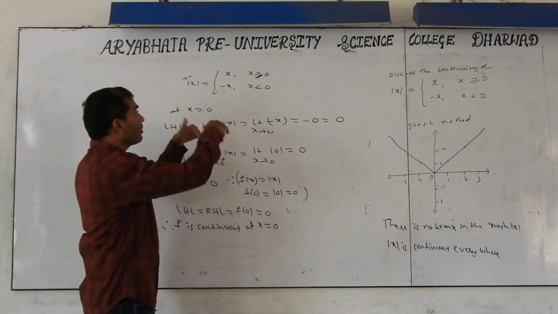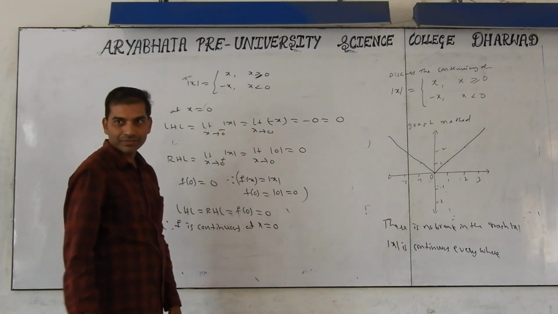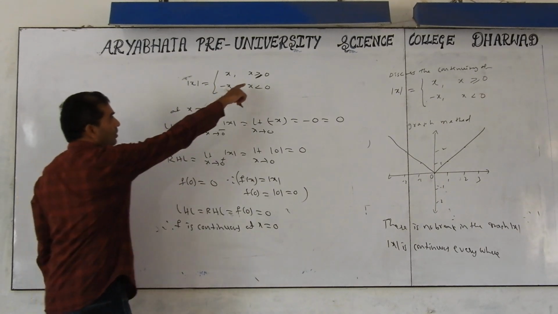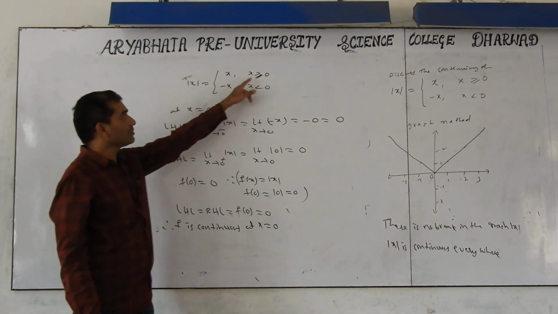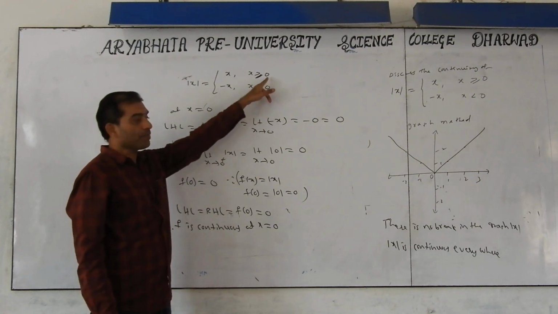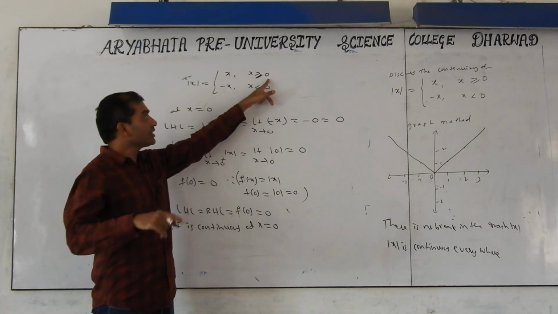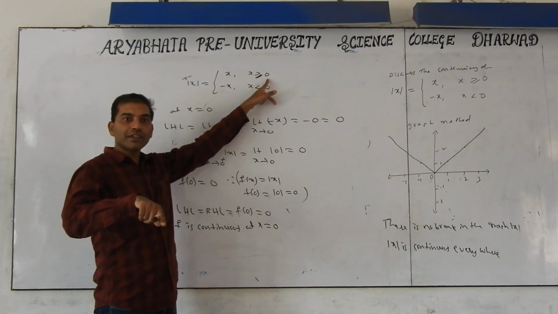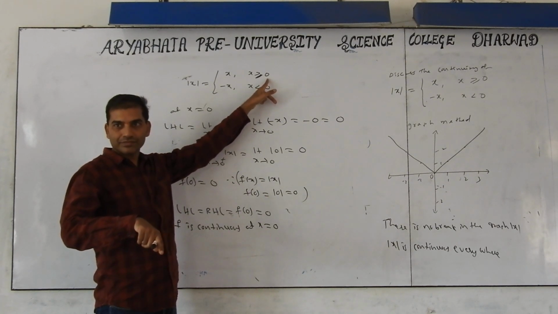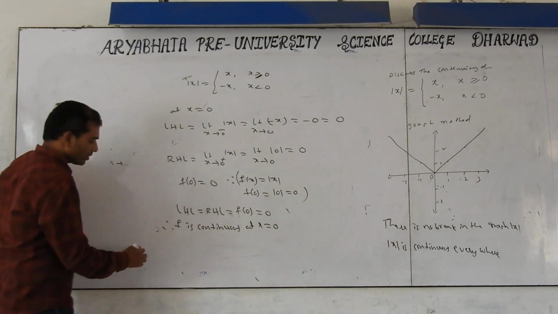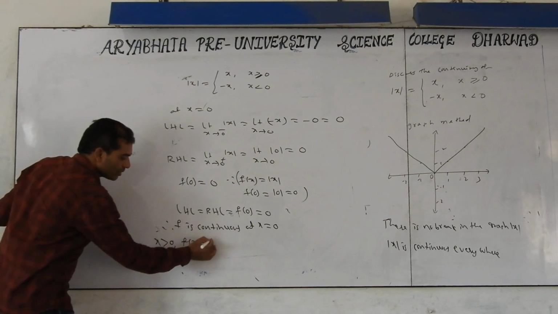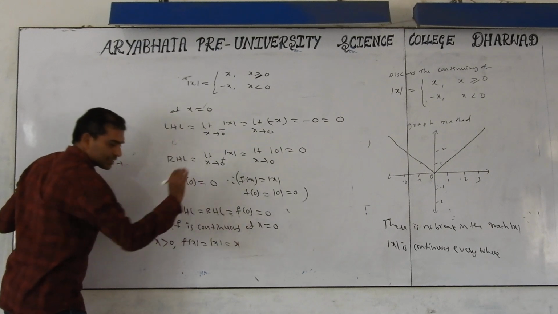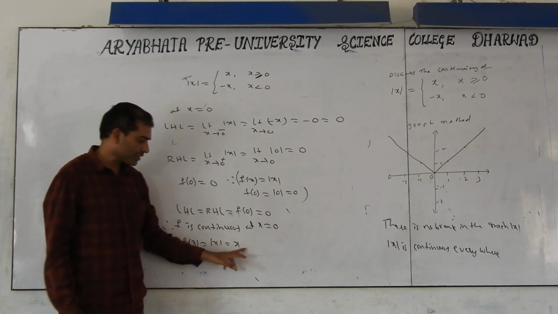Now what about above 0 and below 0? If you take above 0, this is x. It's not changing. This function is changing at what point only? 0. If it is not changing, no need to find the left limit and right limit. For all x greater than 0, f of x equal to mod x equal to x. This is continuous. Why?